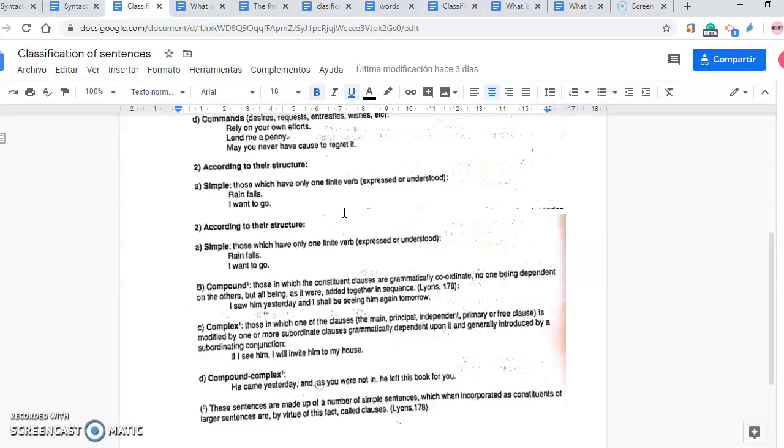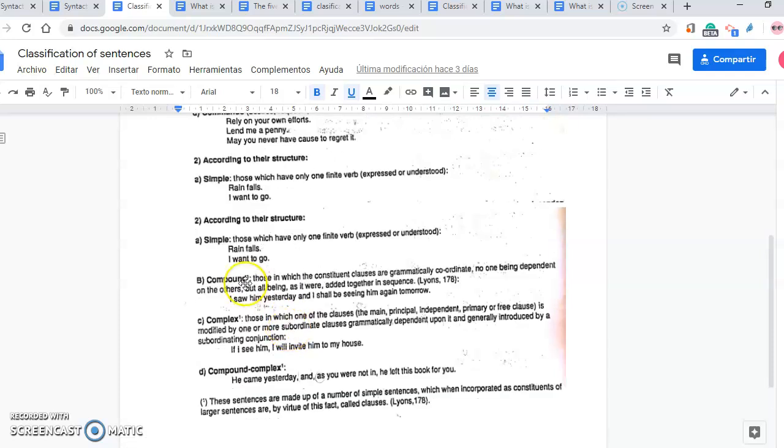Then we are going to see what a finite verb is. So it can be compound, that is to say, the man ran and Mary slept. So we've got two main clauses, linked by a coordinating conjunction.